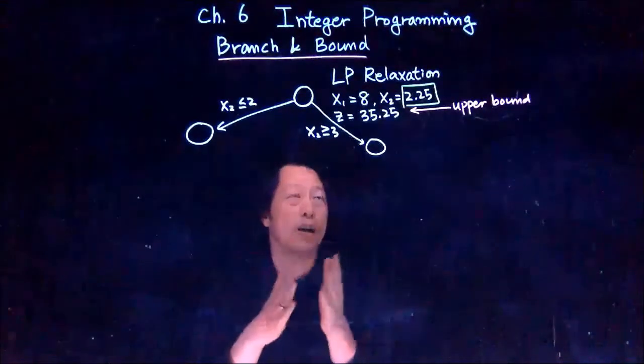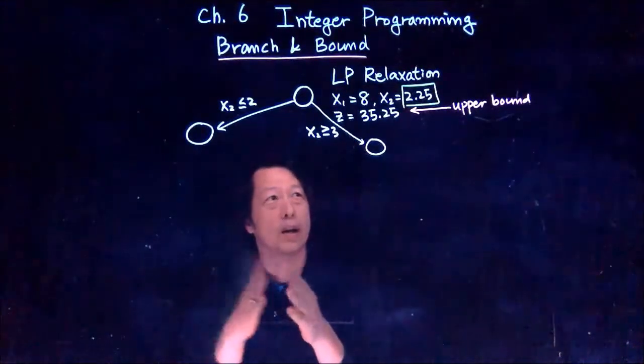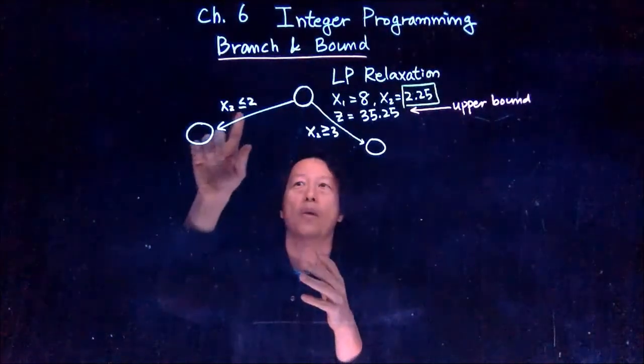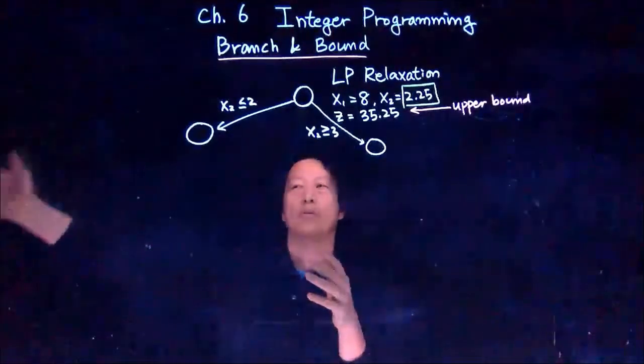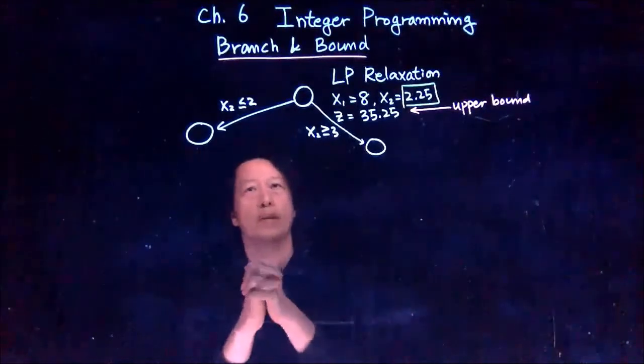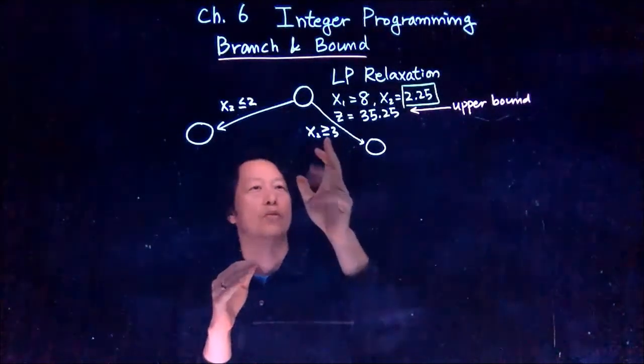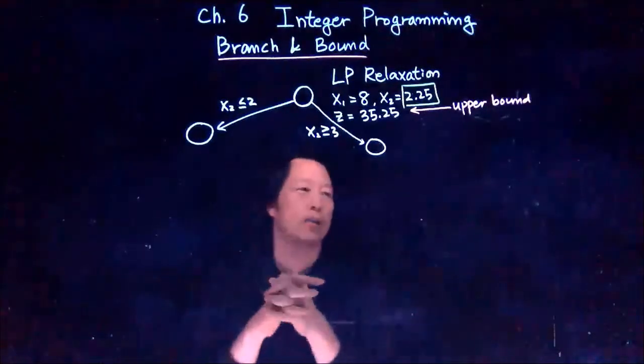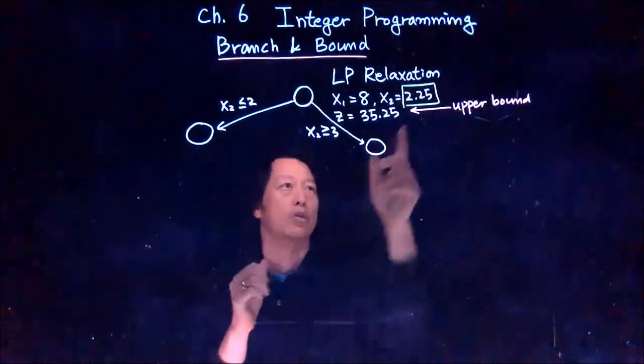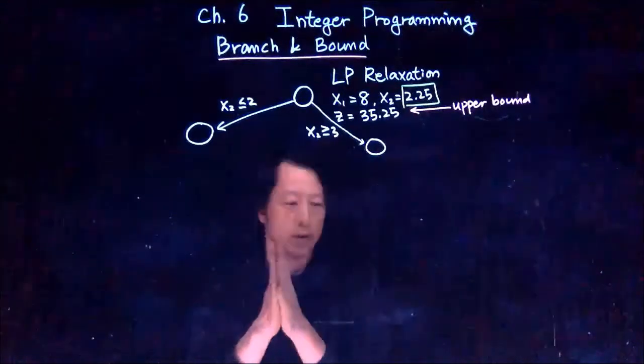So if it's going to the smaller side, it will be 2 or smaller, so we are not throwing away any feasible points. Or greater than or equal to 3, so we are taking 3 or higher. We get rid of the 2-point-something area.